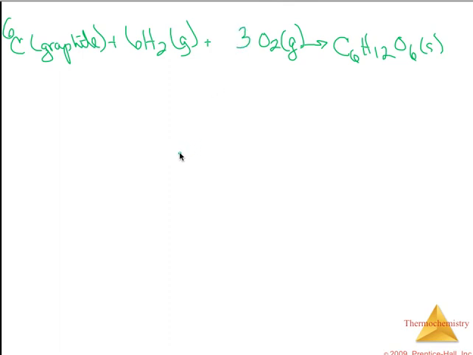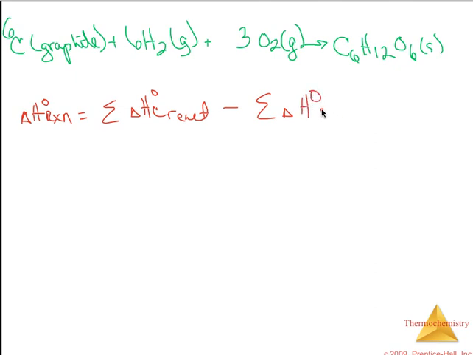Now the question also asked me to calculate the enthalpy of formation using the enthalpy of combustion values. From what we just looked at, the enthalpy of reaction using combustion values is going to be the sum of the HC for reactants minus the sum of the heats of combustion for the products.